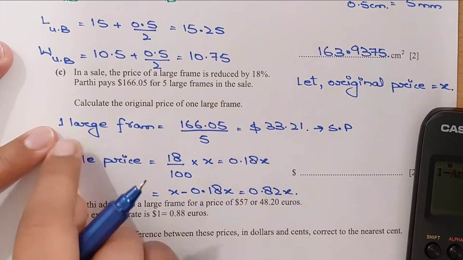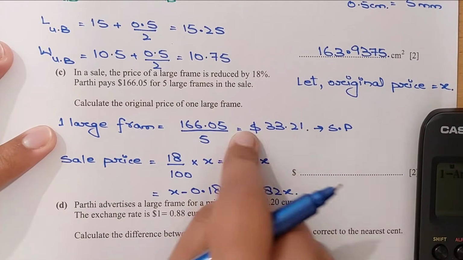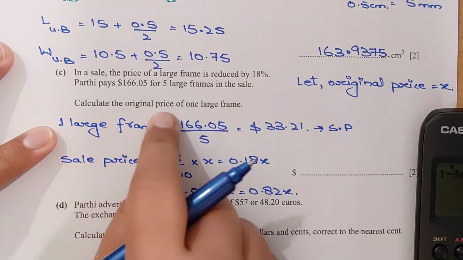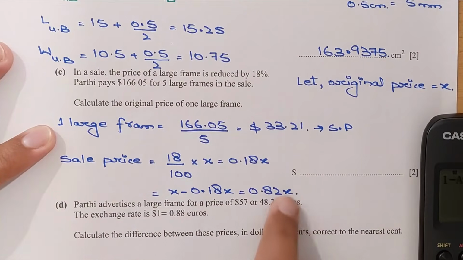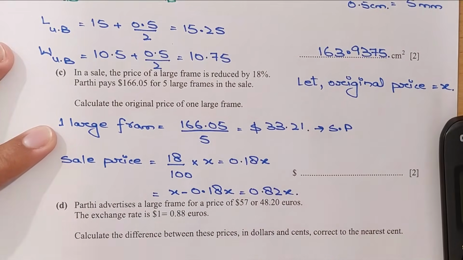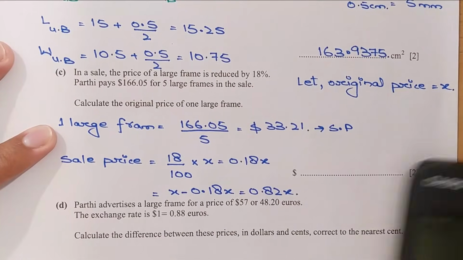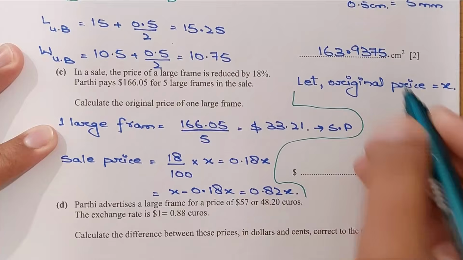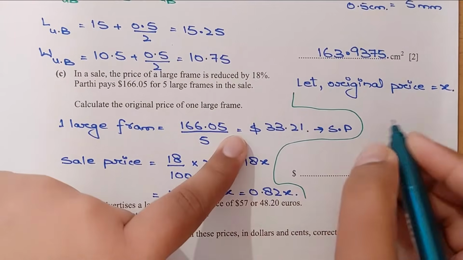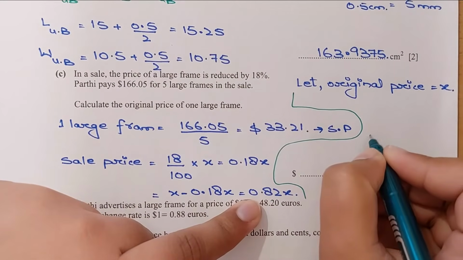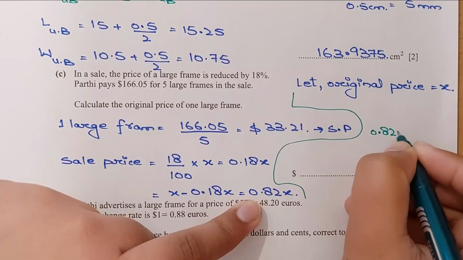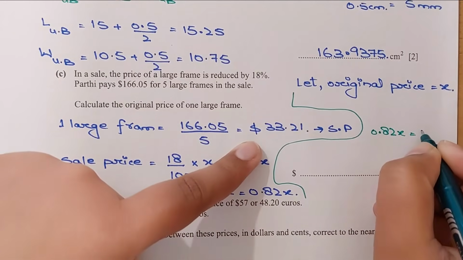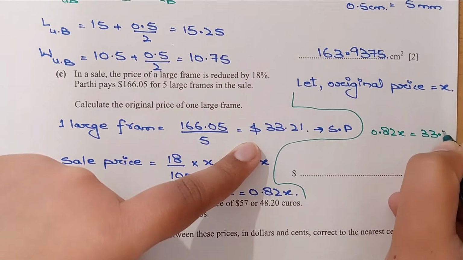The sale price of 1 large frame is this, and we need to calculate the original price of 1 large frame. So x is the original price we supposed at the start of the question. We put both sale prices equal, so 0.82x equals 33.21.